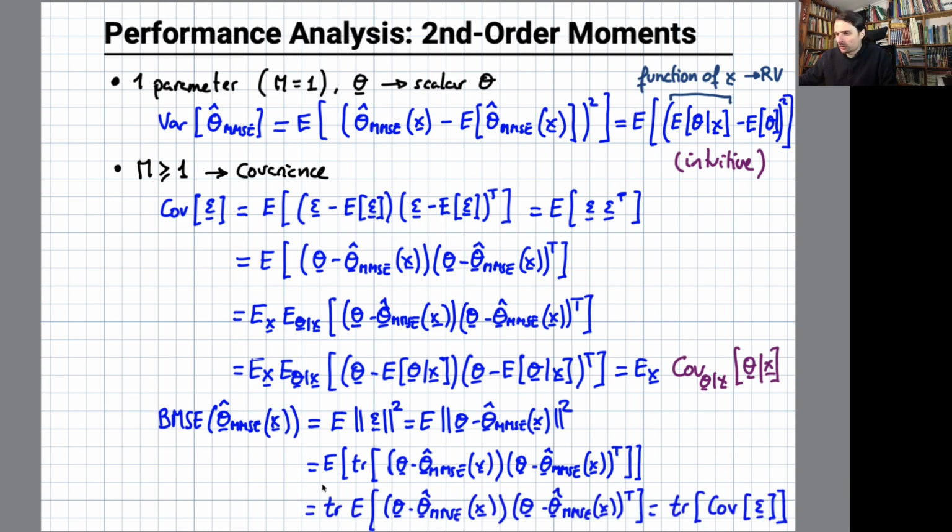Now one can note that the expectation and the trace commute, and that leaves us with the trace of this expectation here, which is precisely the same expectation that we had here. Therefore, the BMSE is just the trace of the covariance of the error, which is exactly the same as occurred in classical estimation before we delved into all this Bayesian business.